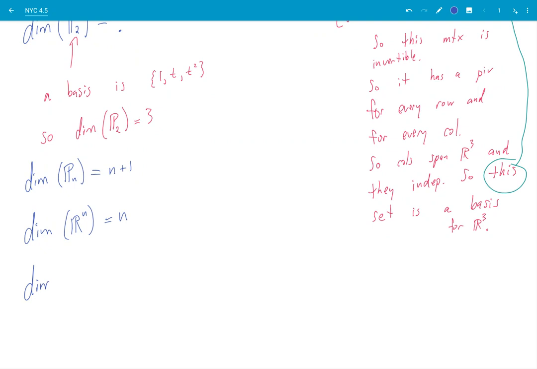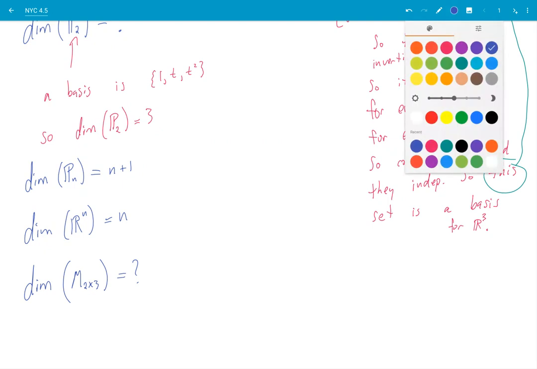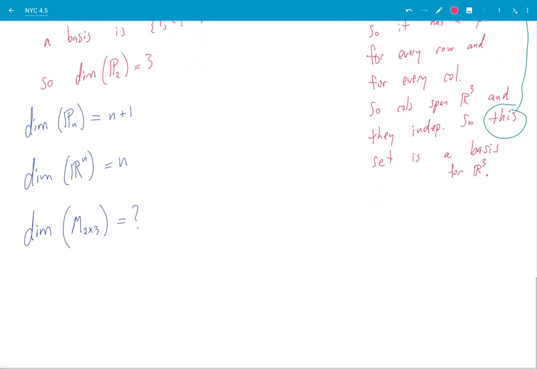What about the dimension of the, let's say, 2 by 3 matrices? Well, what I'm going to do is try to find a basis. Two rows, 3 columns.